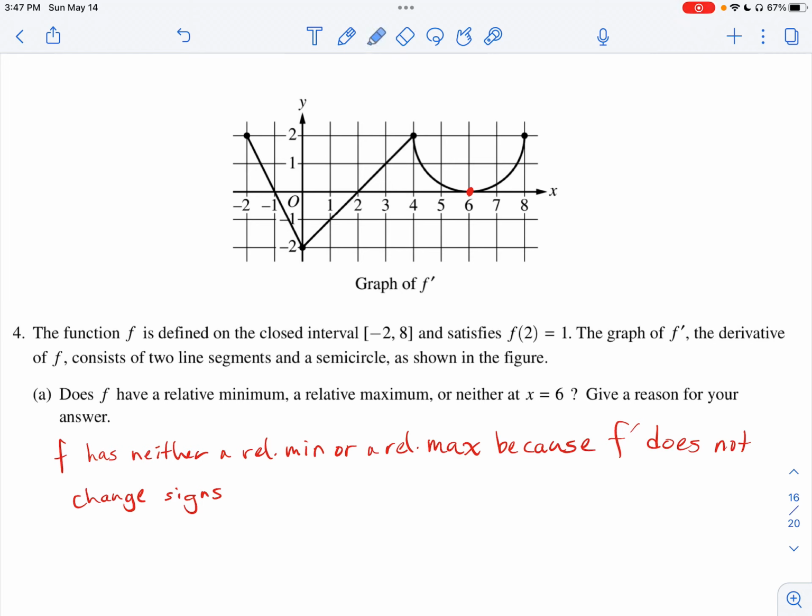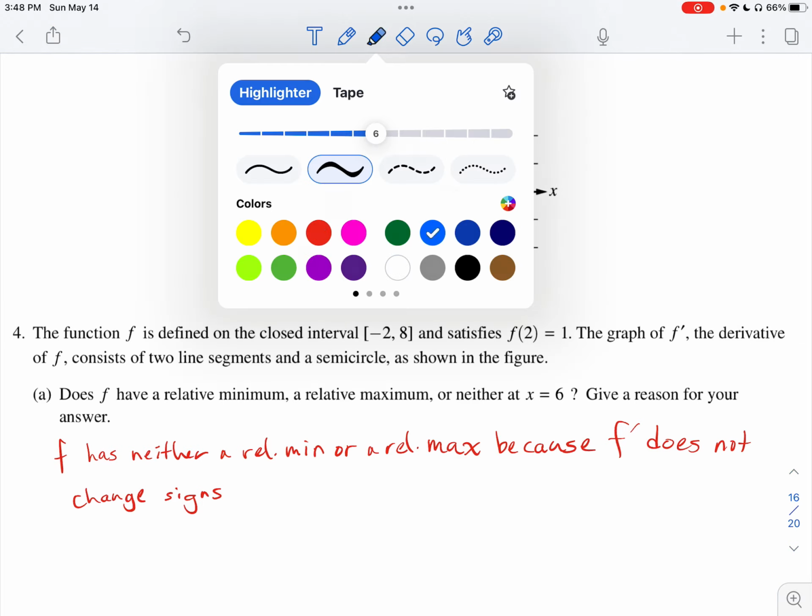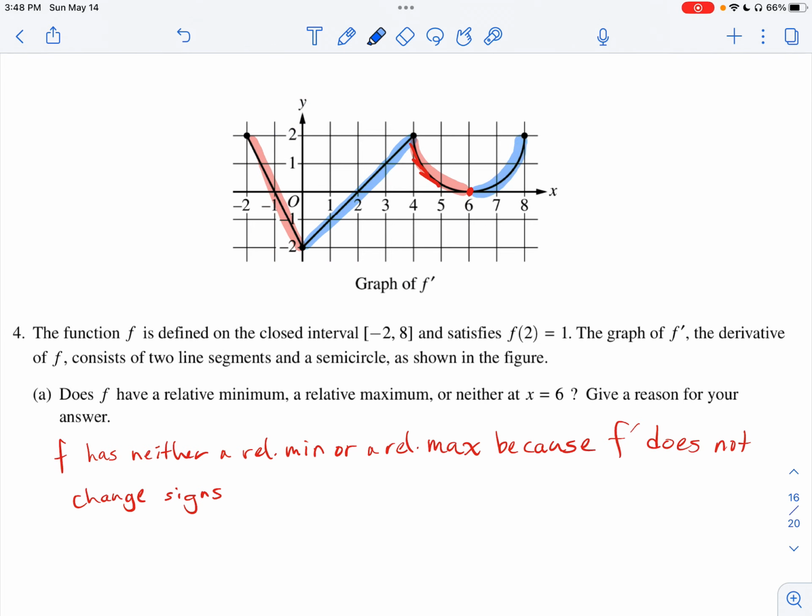From -2 to 0, f prime's slope is negative because the function is decreasing there. From 0 to 4, the function has a positive slope because it is increasing there. From 4 to 6, again, the slopes of our tangent lines are negative. We can imagine these negative tangent lines here. And from 6 to 8, we're back to having positive tangent lines.